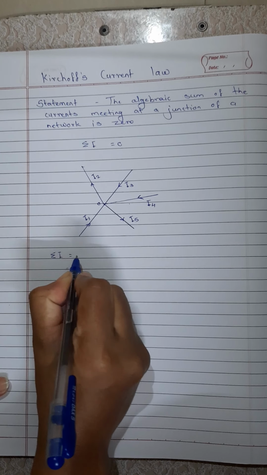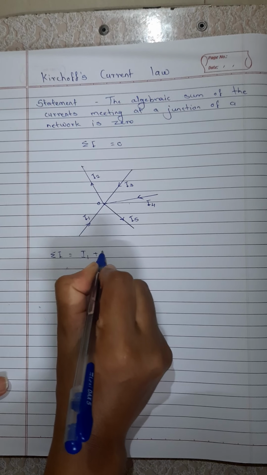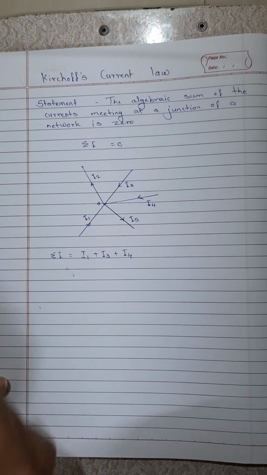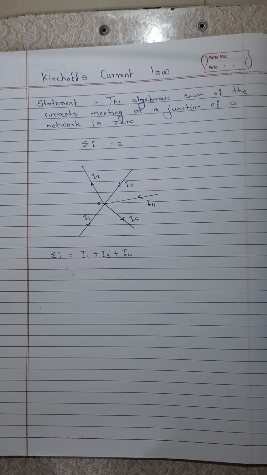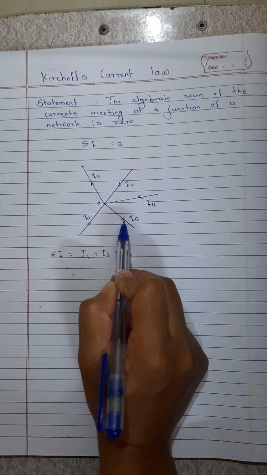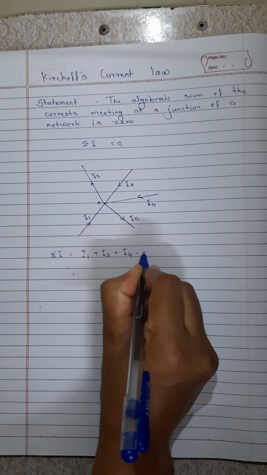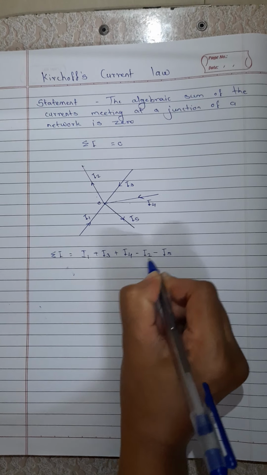Therefore summation of I is equal to I1 plus I3 plus I4 having positive values, and current flowing away from the junction as negative. Currents I2 and I5 have negative directions, minus I2 minus I5.